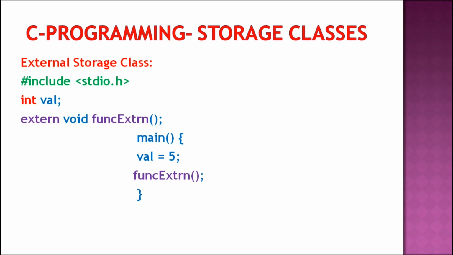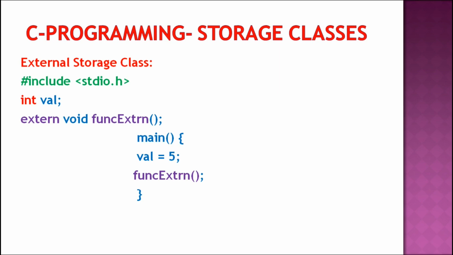We give the function name void extern function, and after that we start the main function. In the main function we call the external storage class variable val equals 5, and we assign the value 5, and we call the external function.